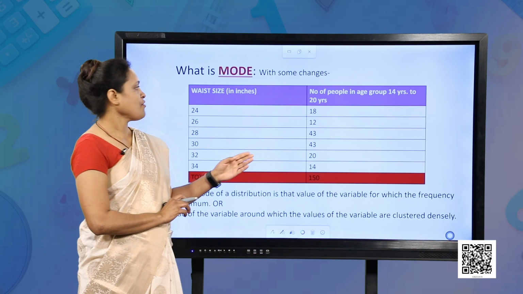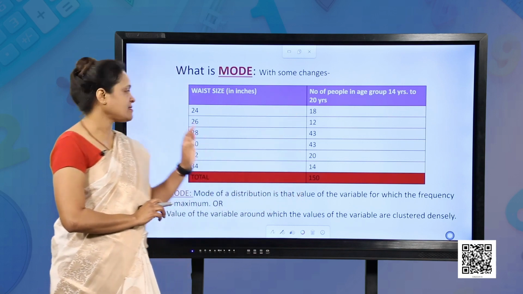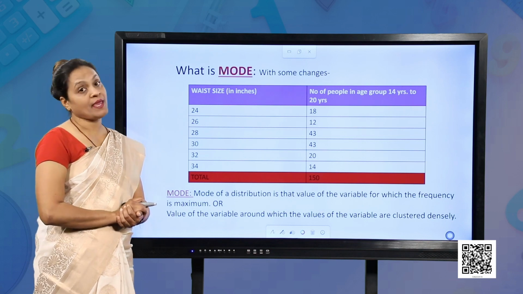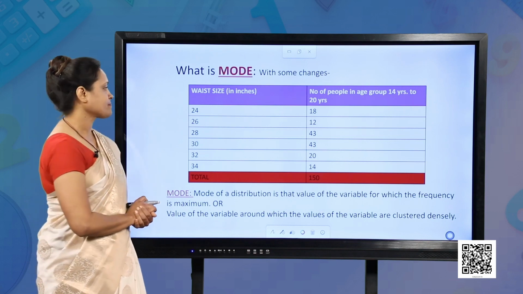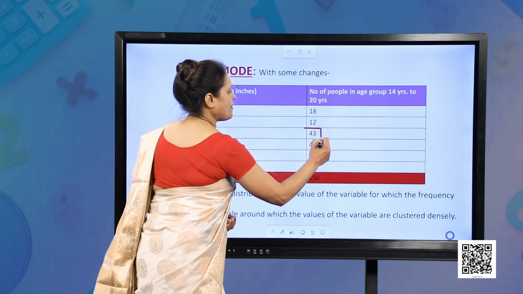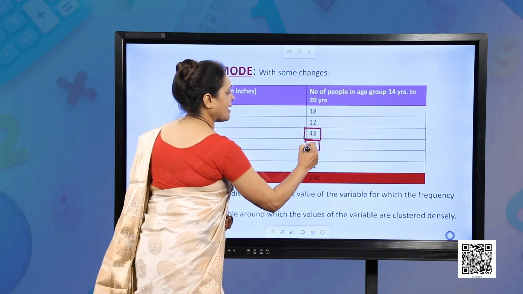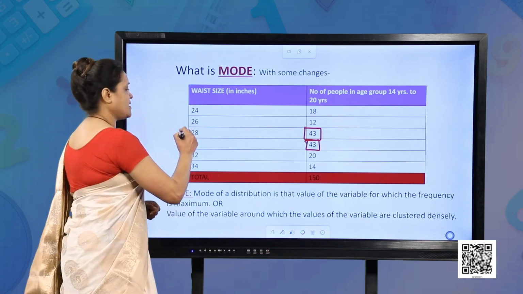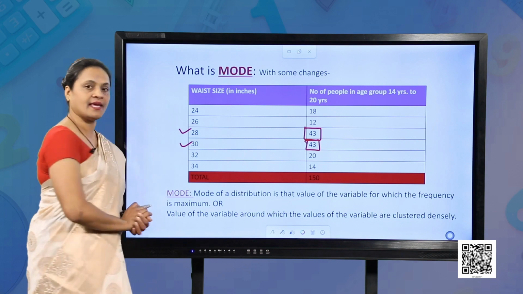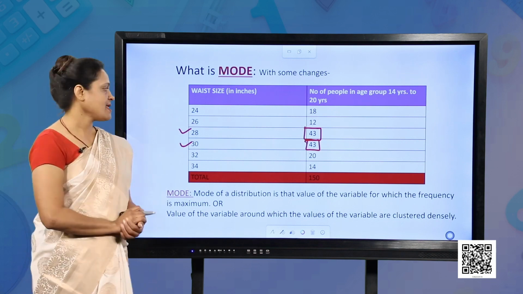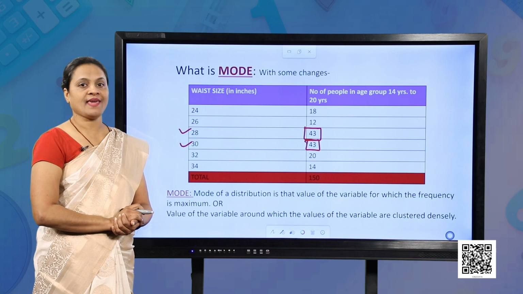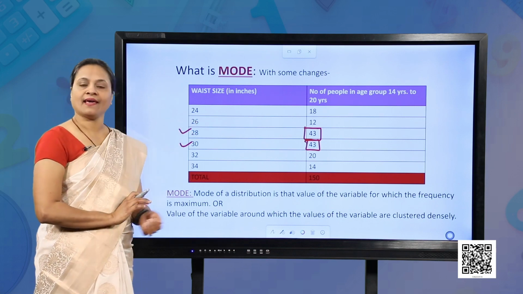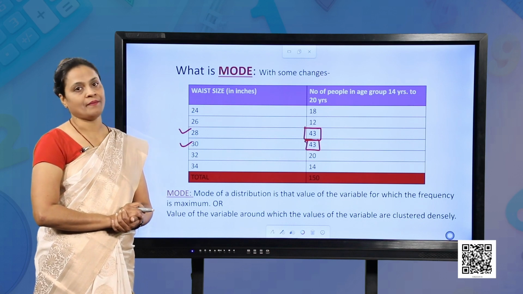If the factory had got these frequencies for different waist sizes, what can be observed? You can see that the maximum number of people, that is 43, have two sizes, 28 inches and 30 inches. So, in this distribution, we have two modes. Such data is called bimodal.